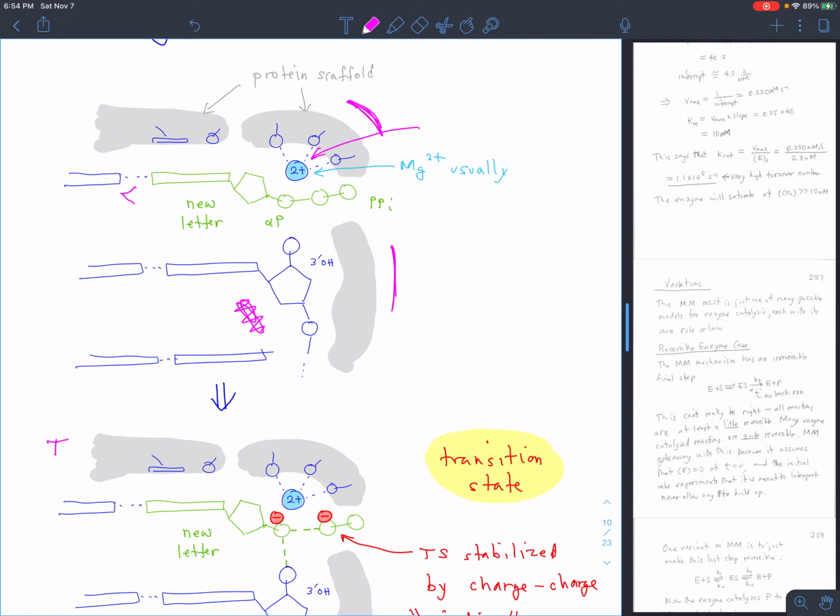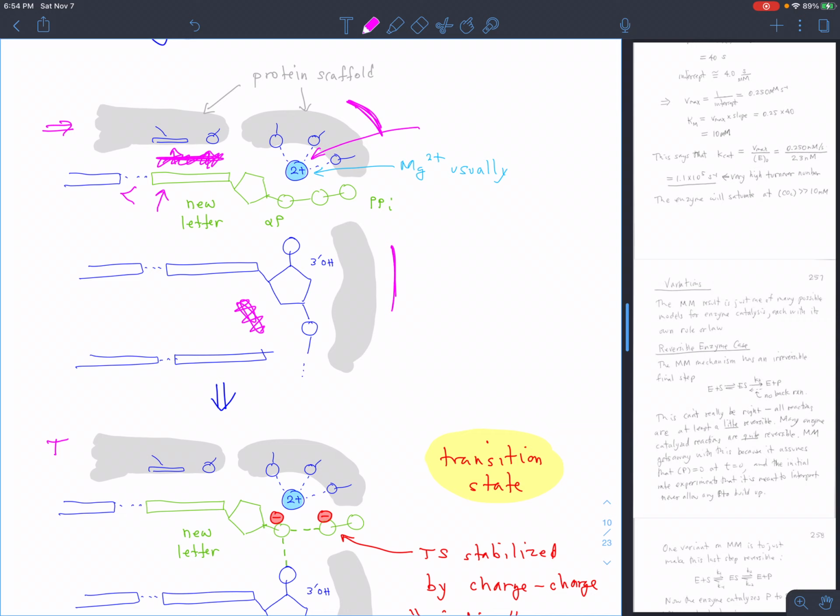Usually that's a magnesium. Sometimes it's other +2 charged cations as well, but magnesium is by far the most common from what I've seen anyway. And then there's a third part which plays the role of basically stacking. You can see I put some stacking groups in here on this base for the nucleotide, and therefore it stabilizes the base and holds it in position too.